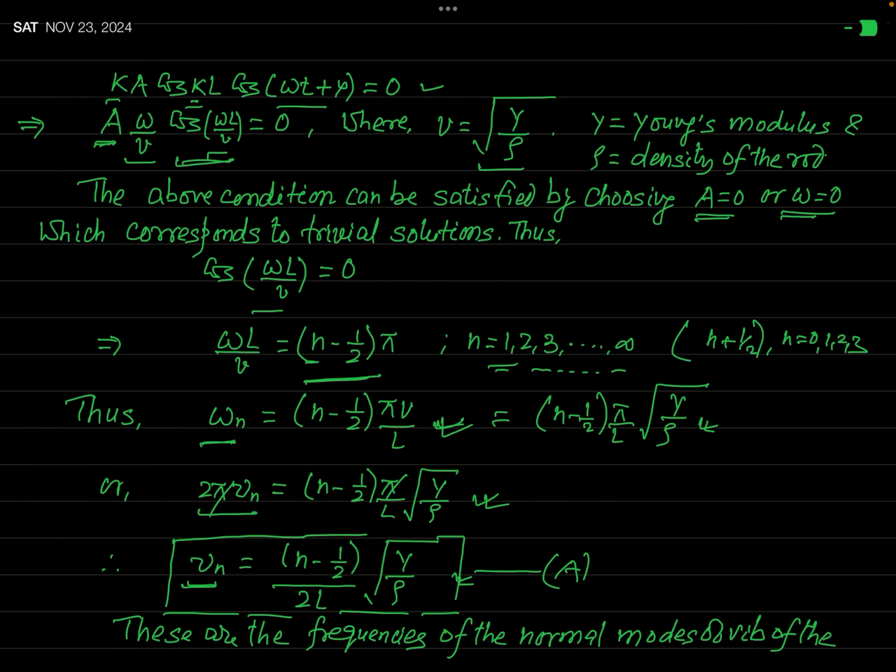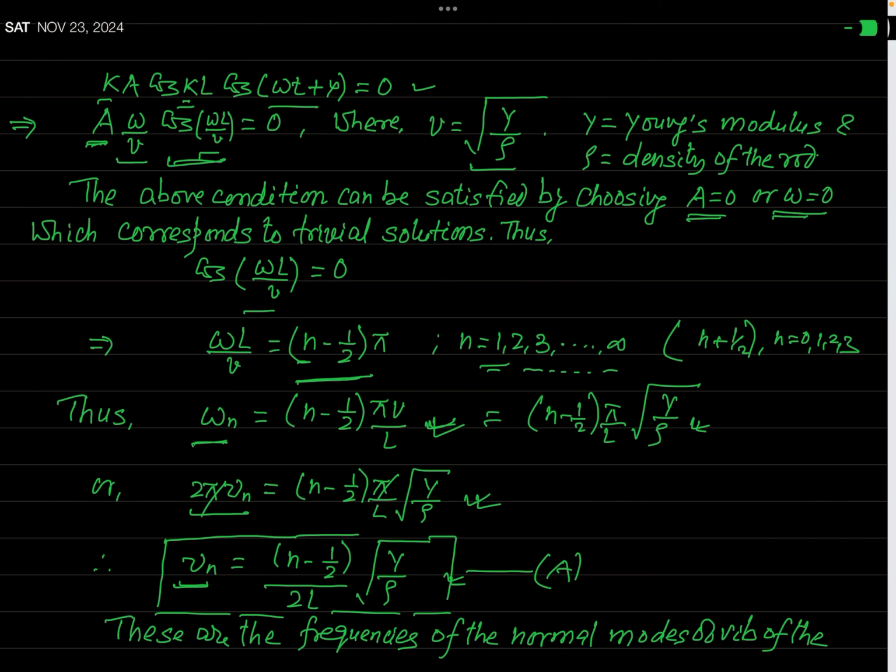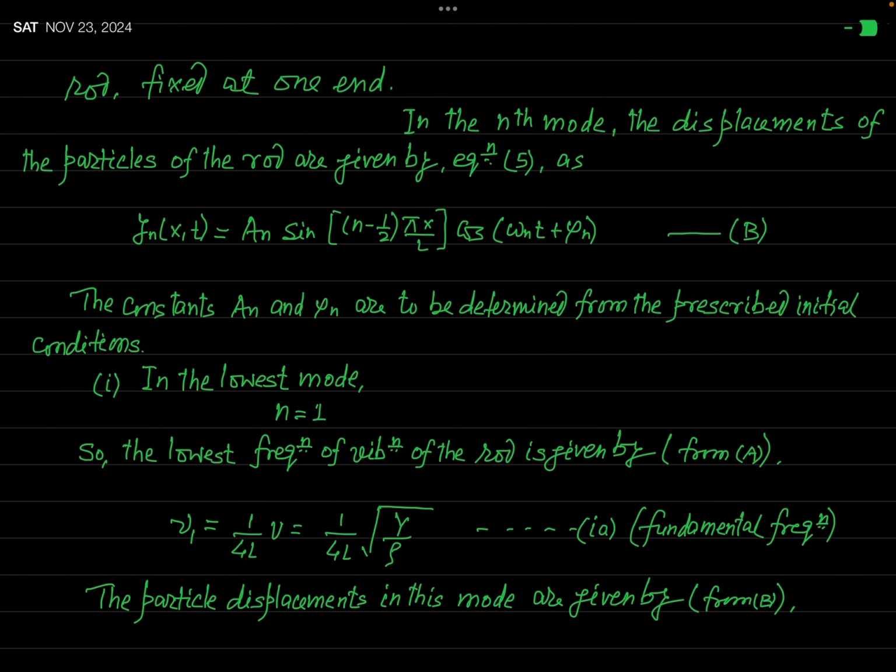So the displacement of the particles in the nth mode of vibration, denoted by this symbol yn of x and t, is given as An times sine kn x. But you have seen what is the value of kn? kn is omega n over v.